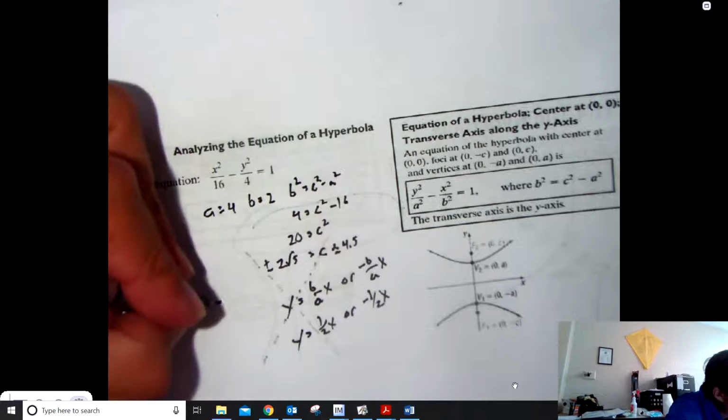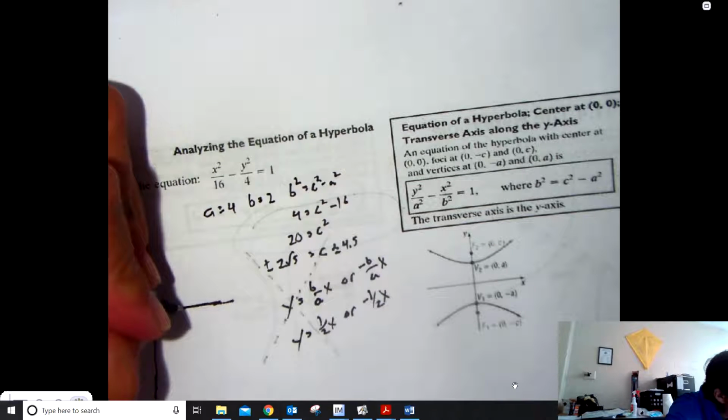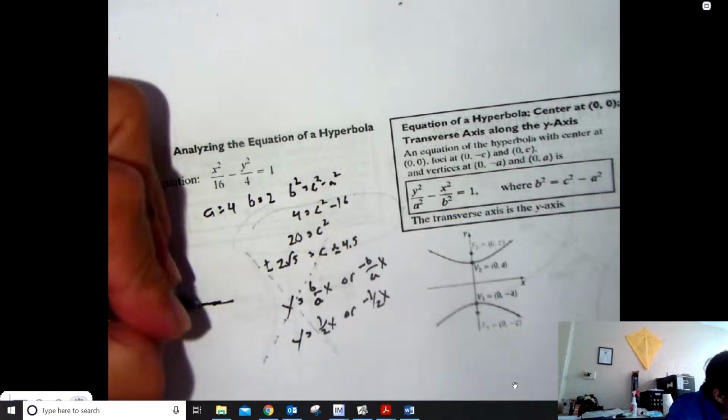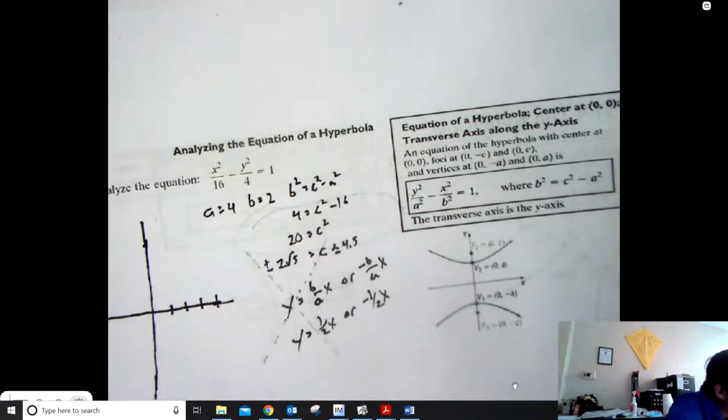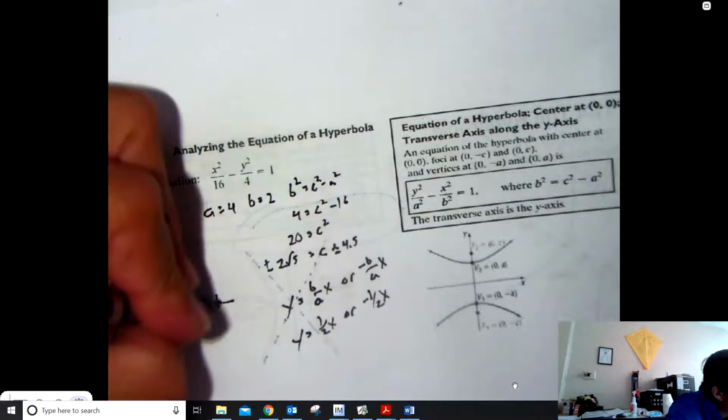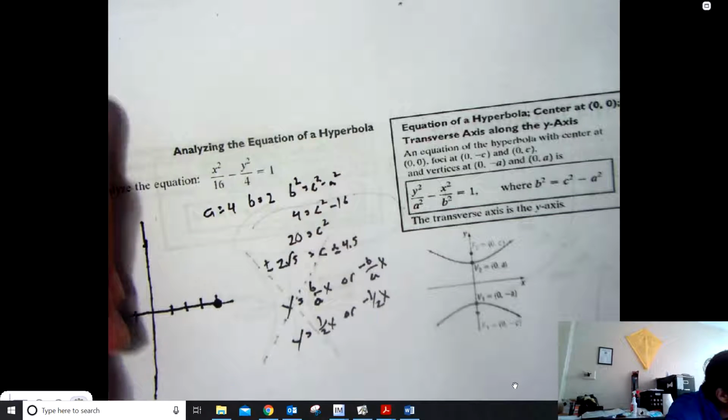I need to go out to 4. Why do I need to go out to 4? That's A, right? It's your vertex, which means I also need to go out to negative 4.